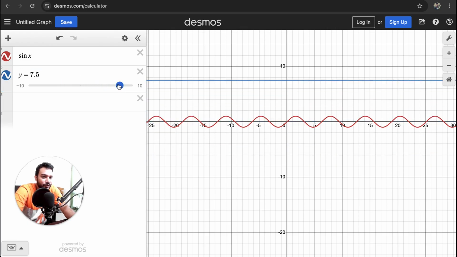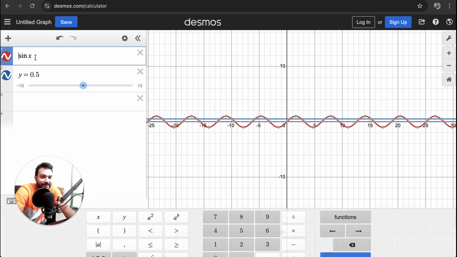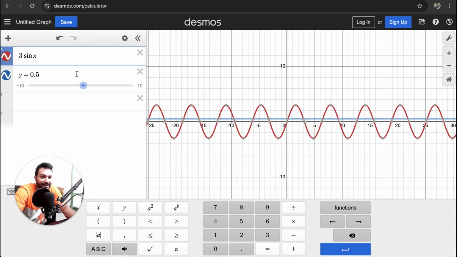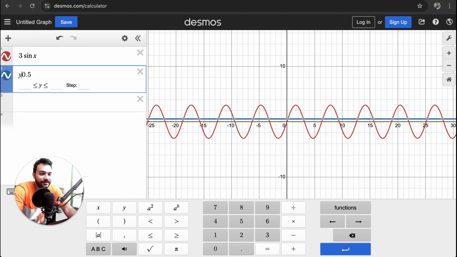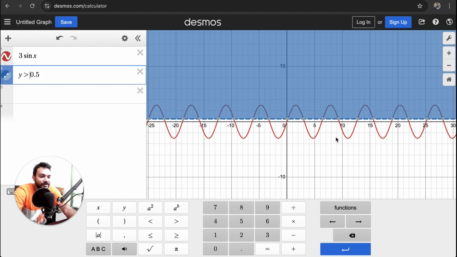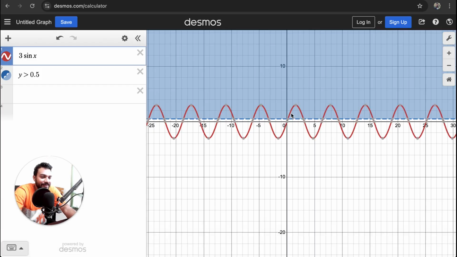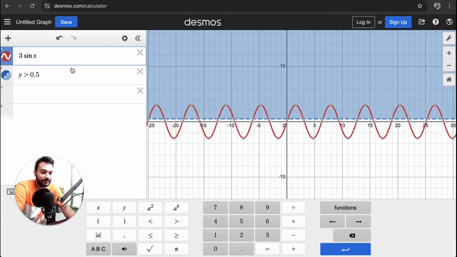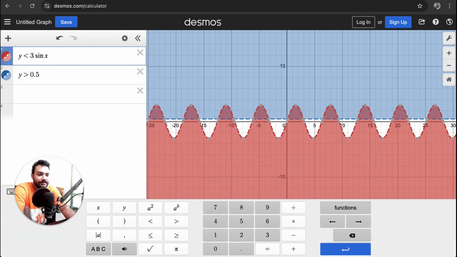We can make it into inequalities. Let's say I do 3 sine x, and then y is greater than 0.5 becomes an inequality. The solution set of this inequality would be a repeating set, so it's happening at all x's. Now let's do y is less than 3 sine x.